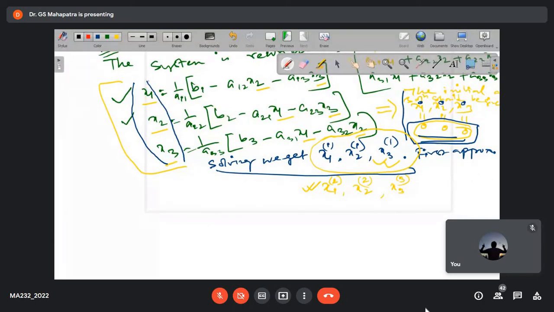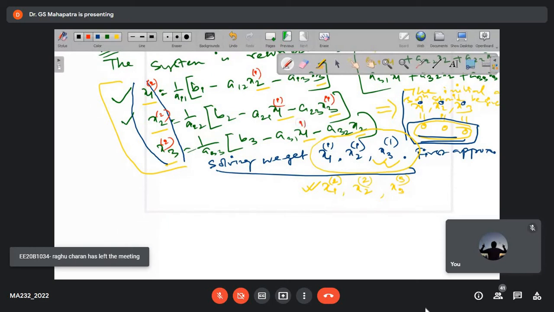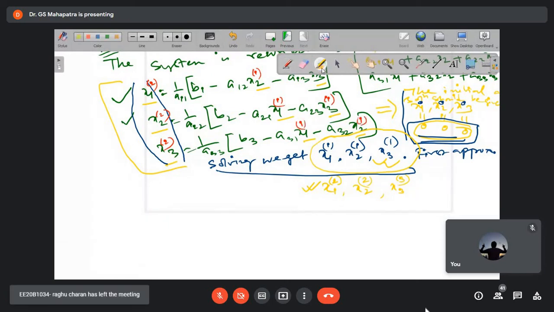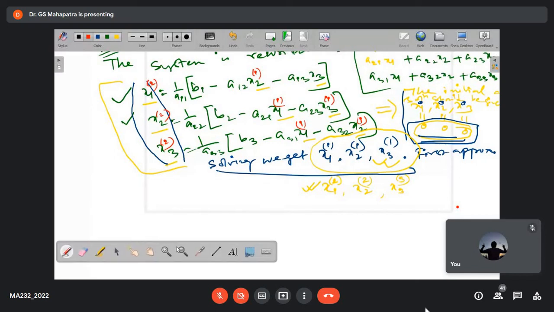You just see it. The 2, 2, 2 will remain the same, and this one is 1, 1, 1, and here also 1.